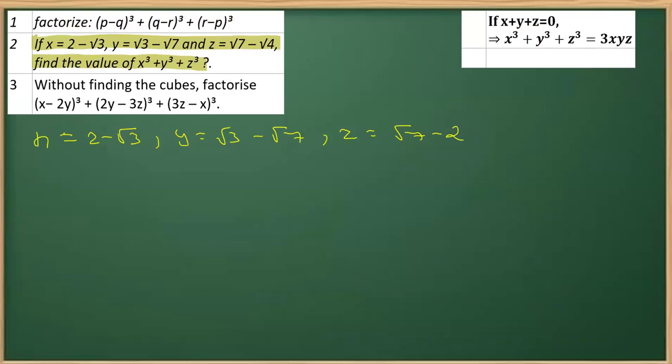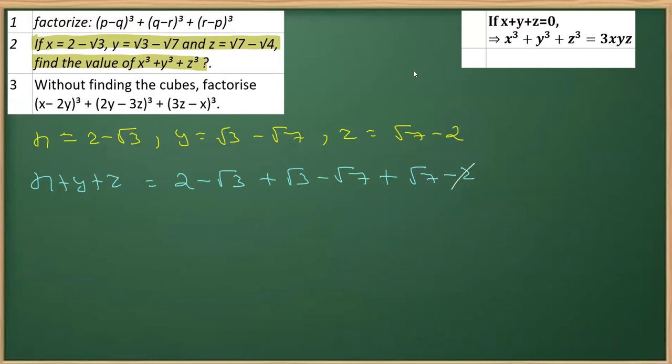Now we are going to show with the actual working that the sum of these three comes as 0, that is 2 minus root 3, y is root 3 minus root 7, and z is root 7 minus 2.